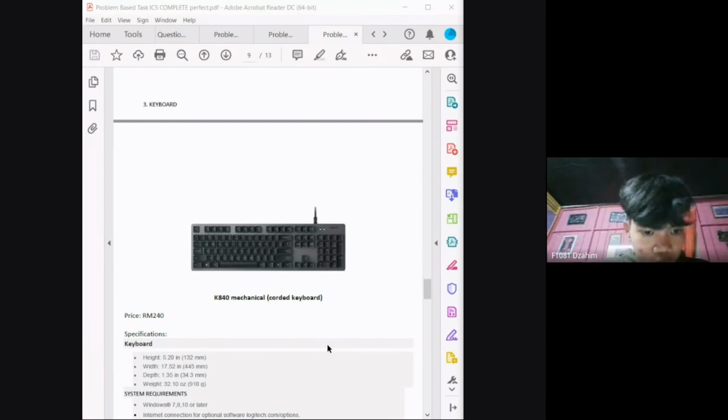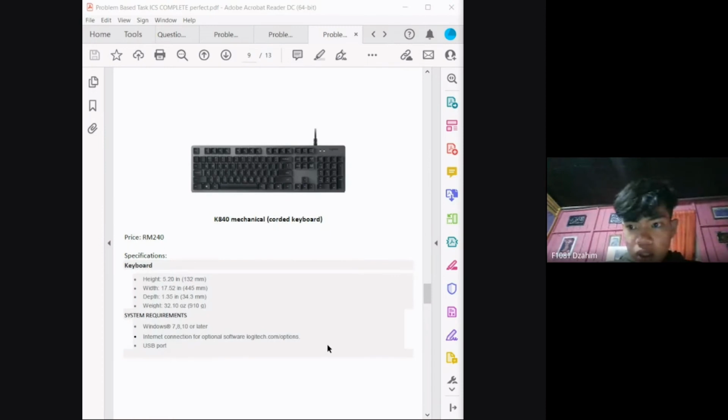The depth is 1.35 in, 34.3 mm, and the weight is 32.0 oz, which is 910 gram. The system requirements: Windows 7, 8, 10 or later. Internet connection for optional software at Logitech.com, and a USB port.